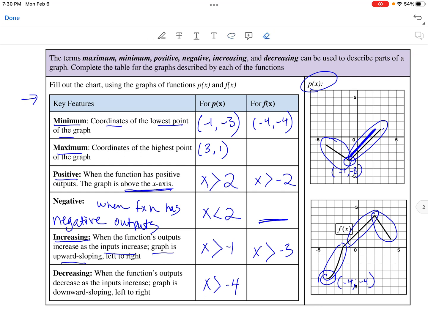Or wait, hold on, how should I write that? Actually, let's write that as x is less than -1. And here it's x is sloping, so that is x is greater than 2. Okay, that is it.